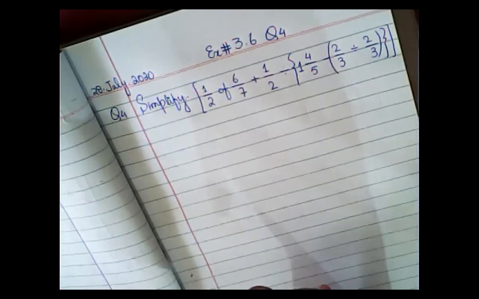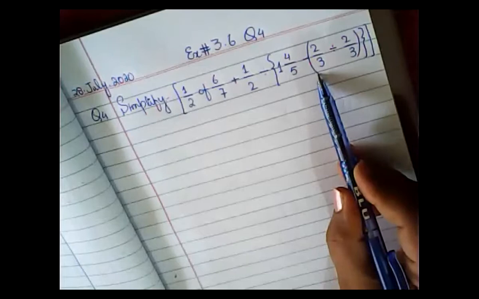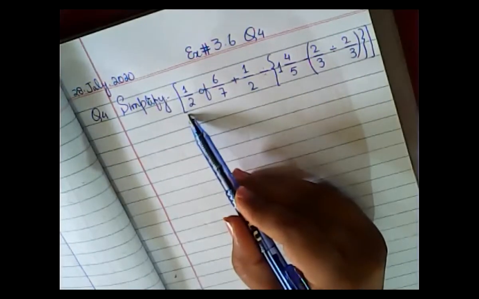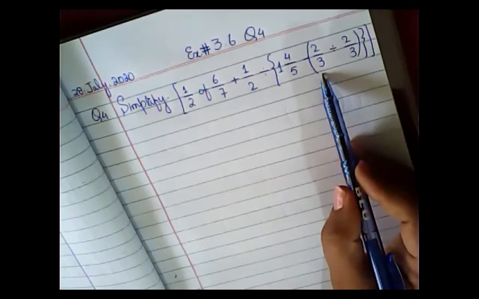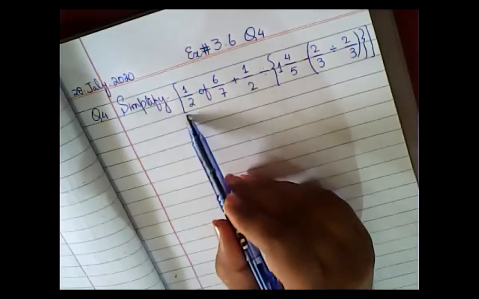Now here you have different types of brackets. Here you have a round bracket, then you have a curly bracket, then you have a square bracket. So from where will you start? You will start from this round bracket, then you will solve this curly bracket, and then you will solve this square bracket.